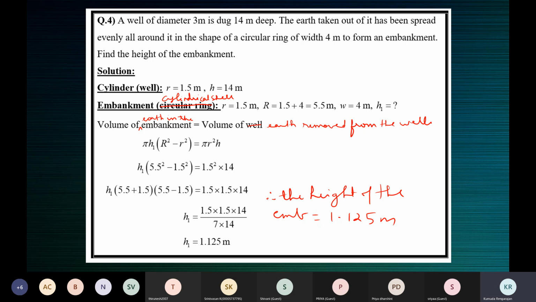Is this over, children? Completed writing this?